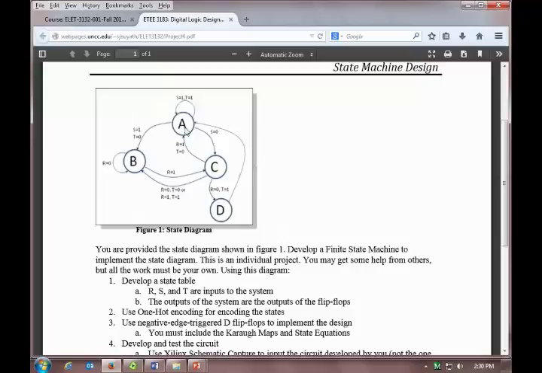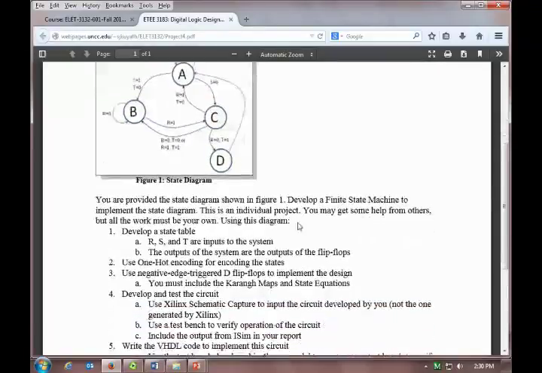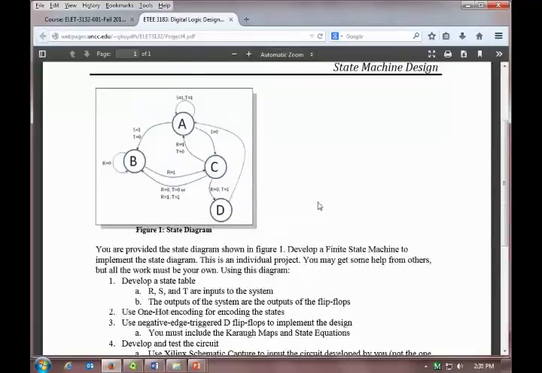It might mess you up. Since there's only 4 states, you're only going to have 4 state variables. So the worst you're going to have is a 4x4 K-map. That's the worst you're going to have. But you're going to have one for each D flip-flop, which would be 4 of them.